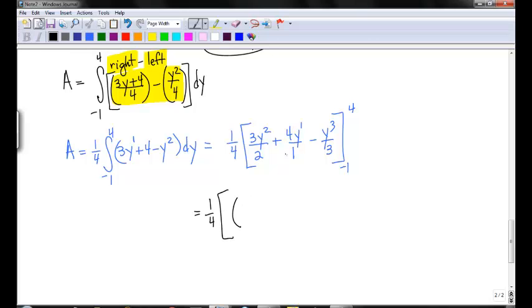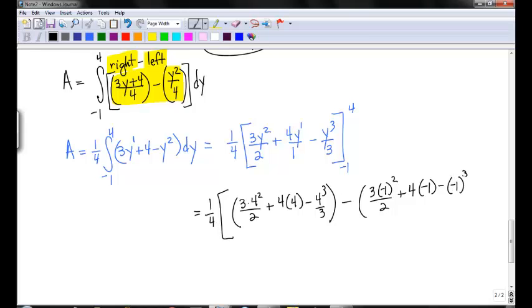Now you're going to sub in the top number first. That whole thing, this is f of b minus f of a. So now we have to do the bottom number, we've got to do the -1. And then that whole thing's times 1/4.